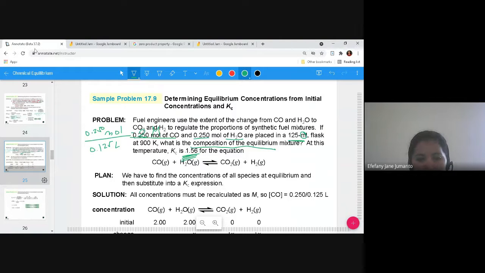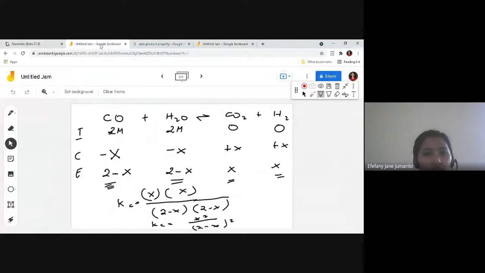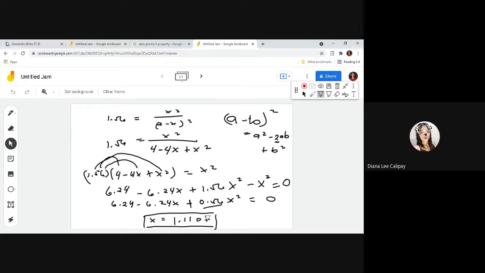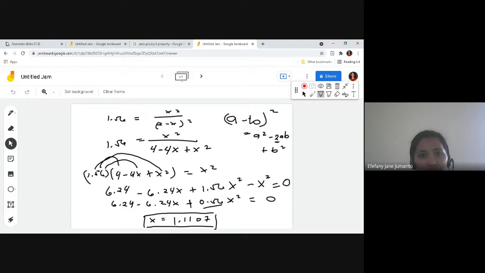We have Kc given. We are asked for the concentrations of these at equilibrium. So let's go back to the ICE table. Now we know our x. What is the value of x? 1.1107.